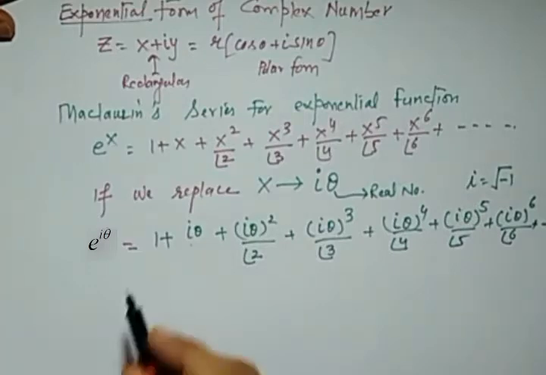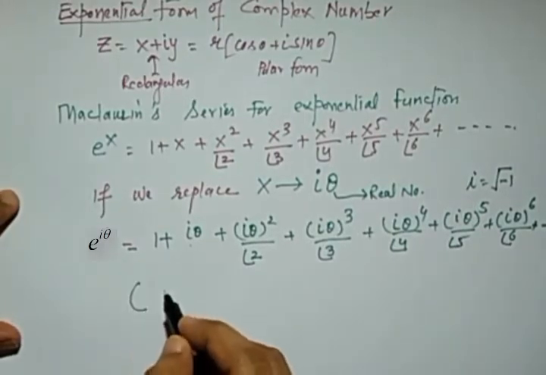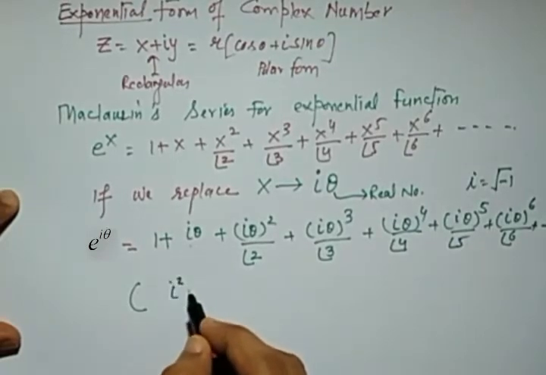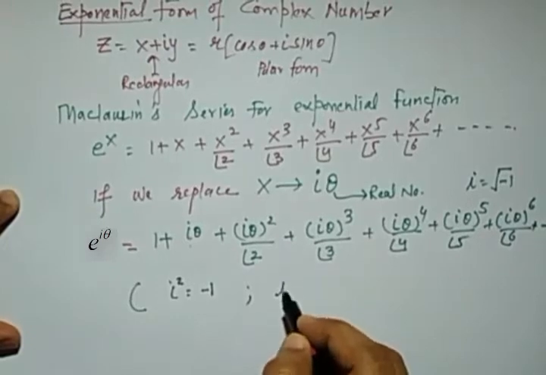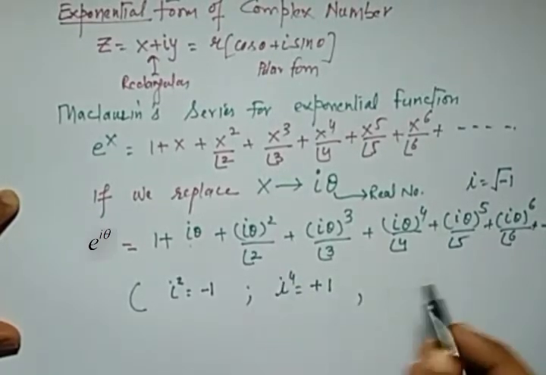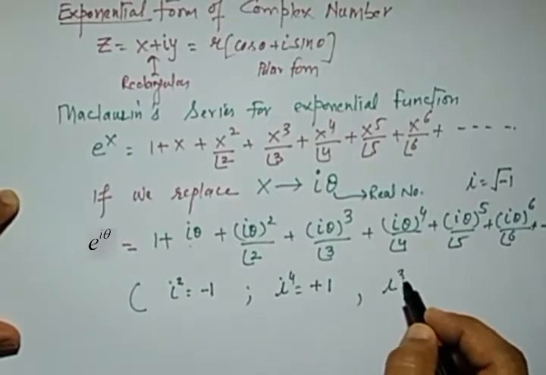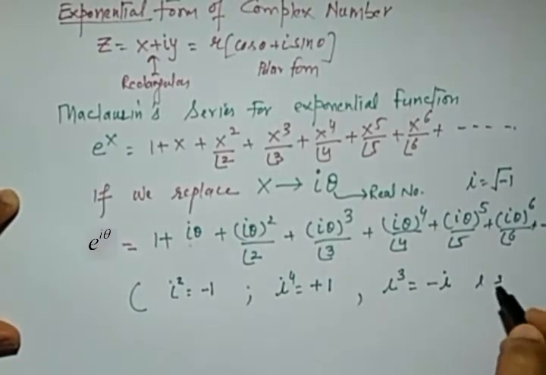Okay. So now we know that i square is equal to minus 1, i4 is equal to plus 1, and i cube is equal to minus iota, and so on. These values we will keep in mind.